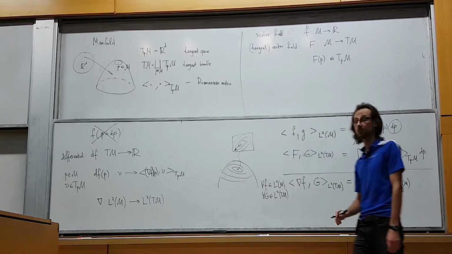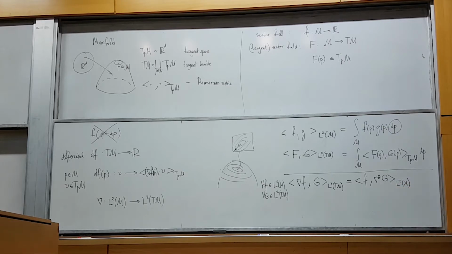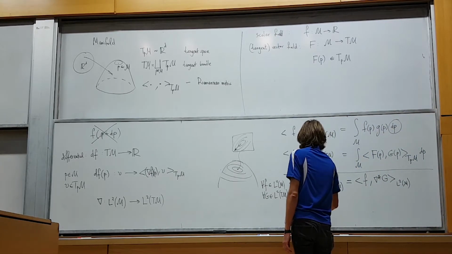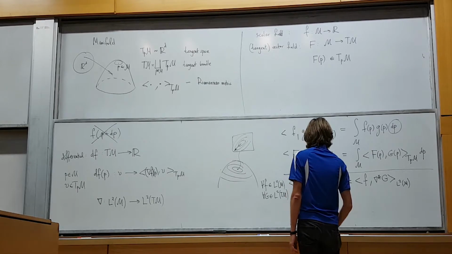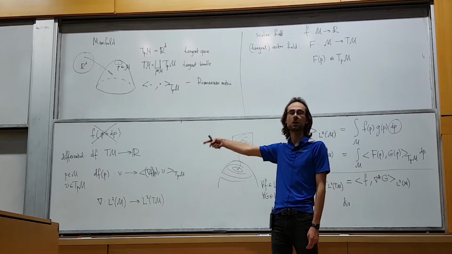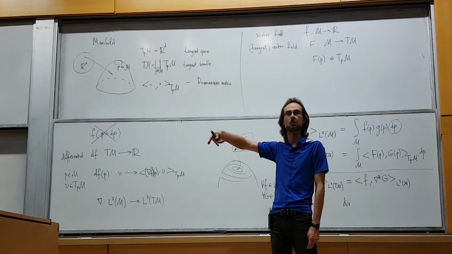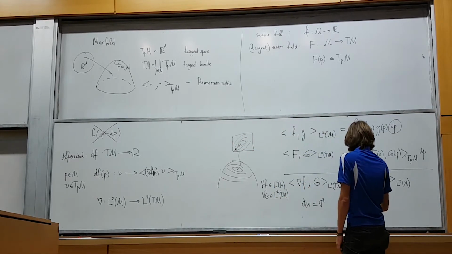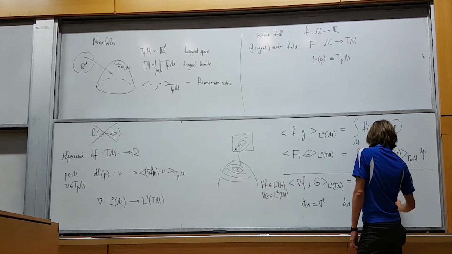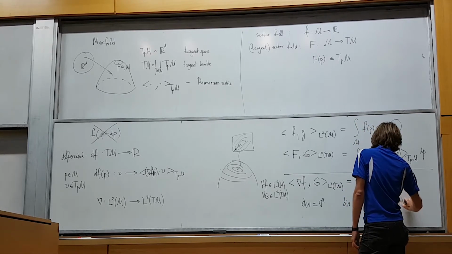So this adjoint operator, I can write it as gradient adjoint, but it is called the divergence. The divergence has the domain and the codomain of the gradient swapped. So it is a map from the space of vector fields to the space of scalar fields.